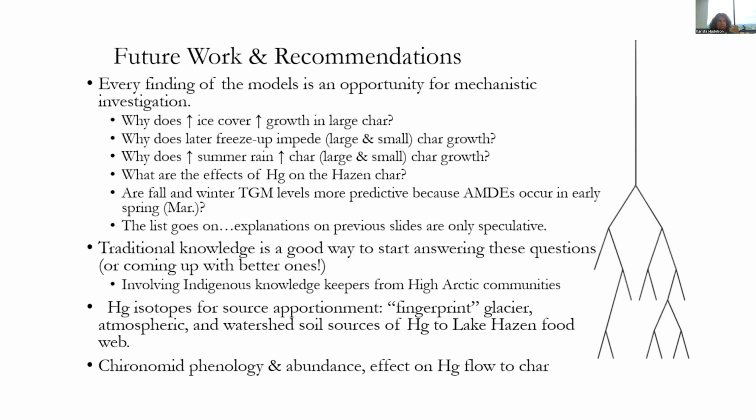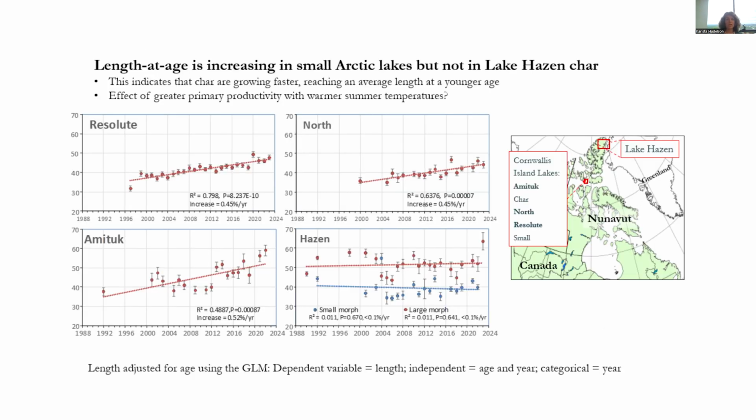To my knowledge, the chironomids in this lake have not been studied for quite some time, and how their mercury concentrations are being affected by climate change is probably the number one way that the char trends are being influenced. So those are all little branches off of this research.